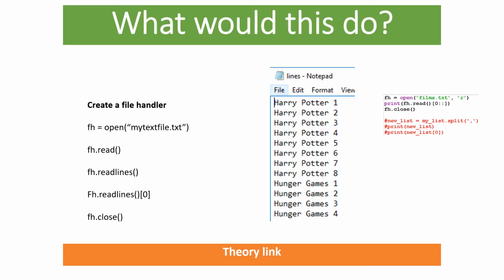Here are the codes that you need to know. First of all, how to create a file handler, how to read the file, how to read a line, and what happens when you read a line. Now notice in this file, when we use fh.readlines 0, it brings back all the data items. If we wanted each item on a different line in an array, we'd have to put a comma at the end.